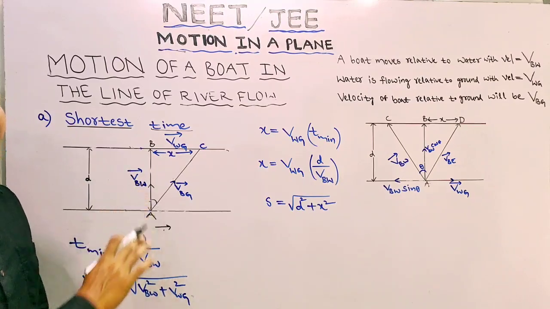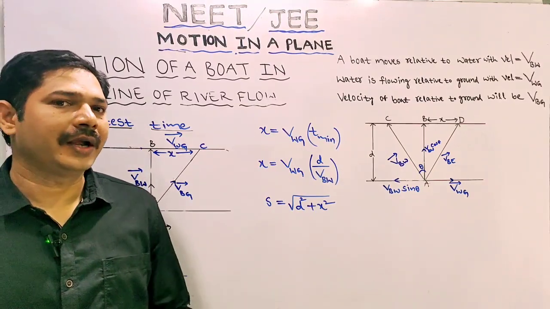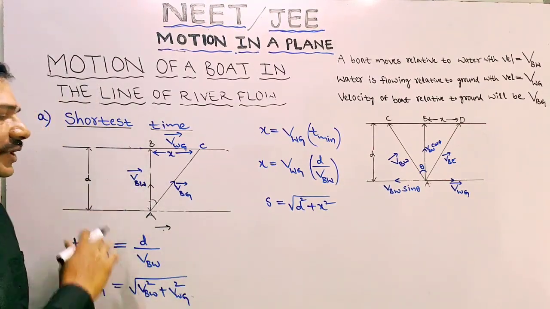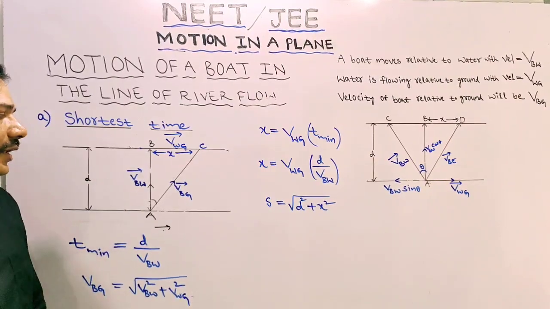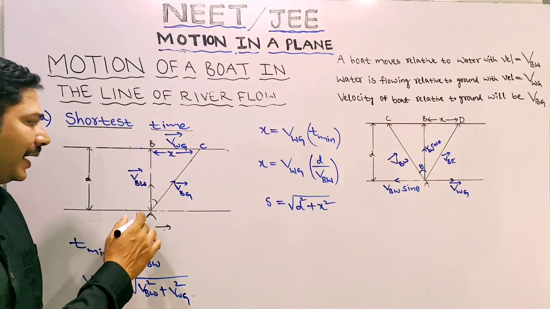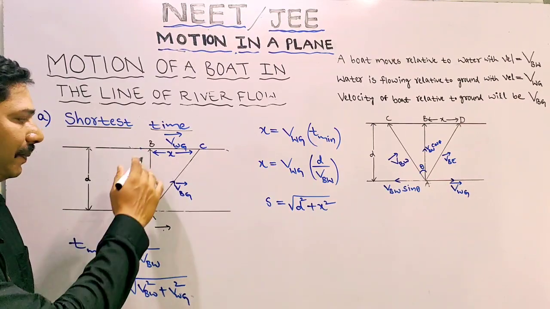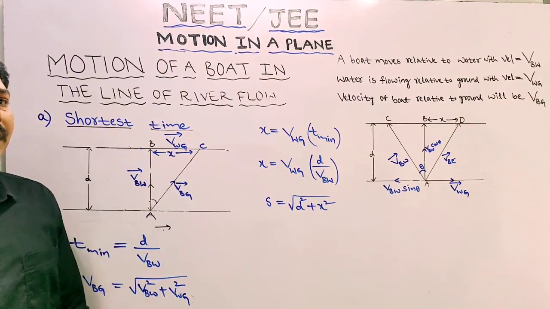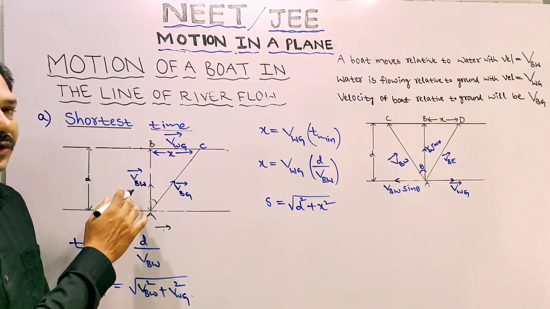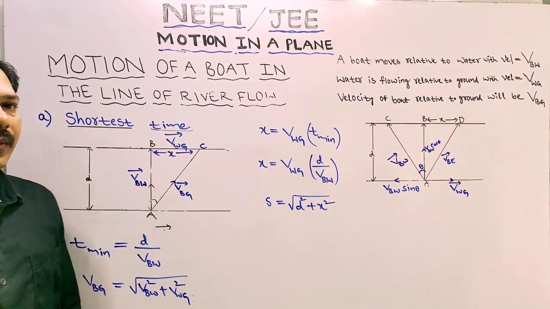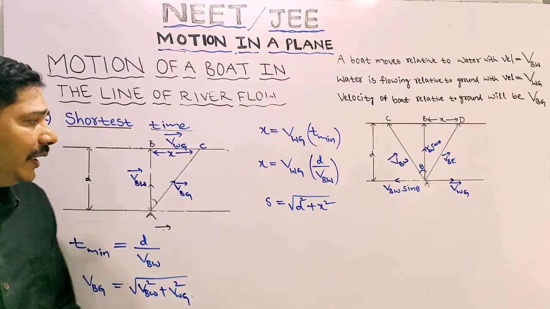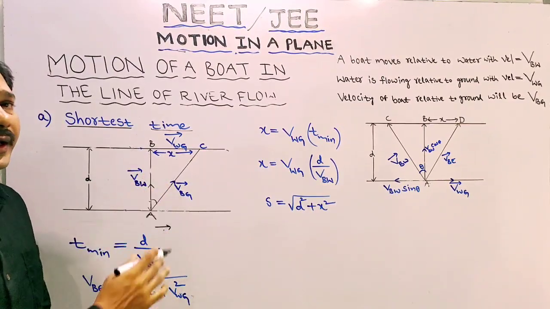The bank distance from one end to another end is how much? Distance is d. The boat is moving from point A to point B. With respect to the water, the boat velocity is V_BW.